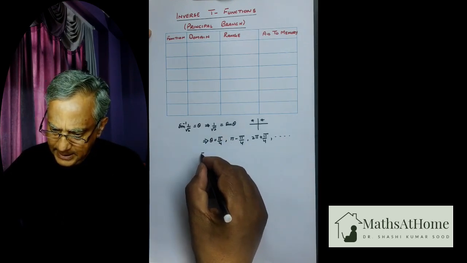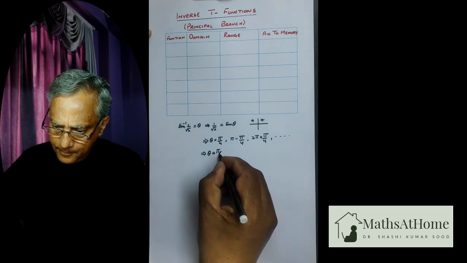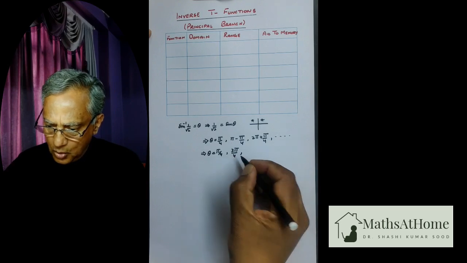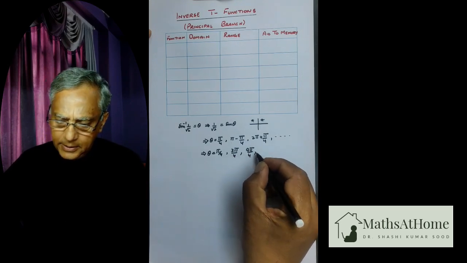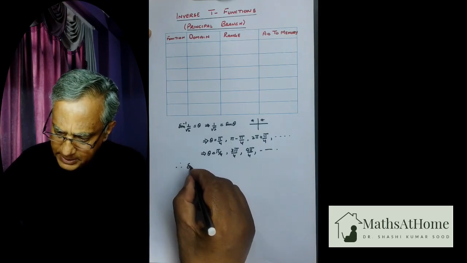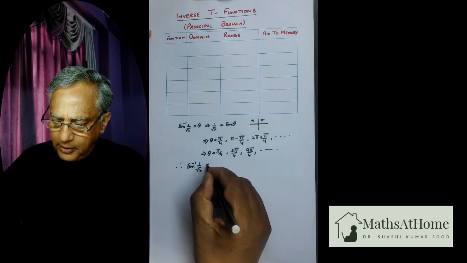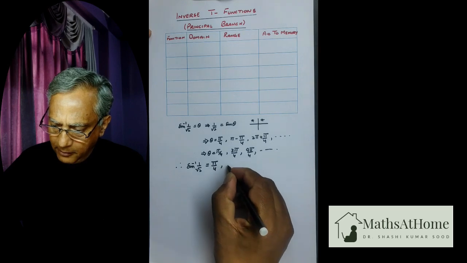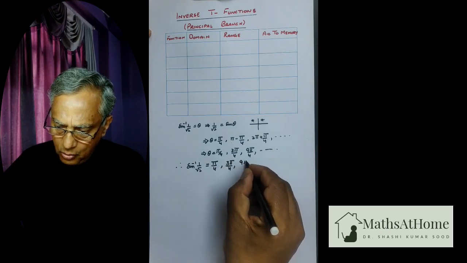This implies theta is equal to pi by 4 or 3 pi by 4 or 9 pi by 4 and so on. Therefore, sine inverse 1 by root 2 can have the values pi by 4, 3 pi by 4, 9 pi by 4.